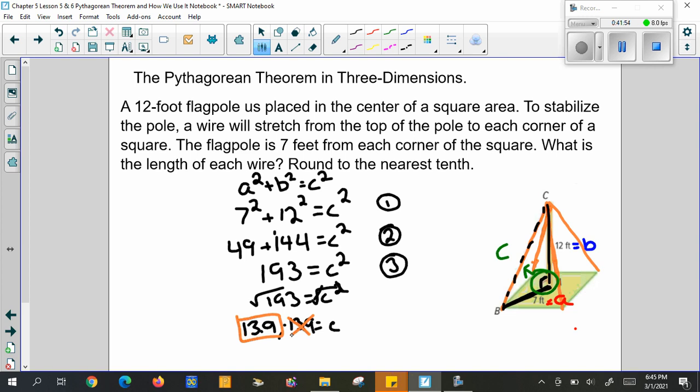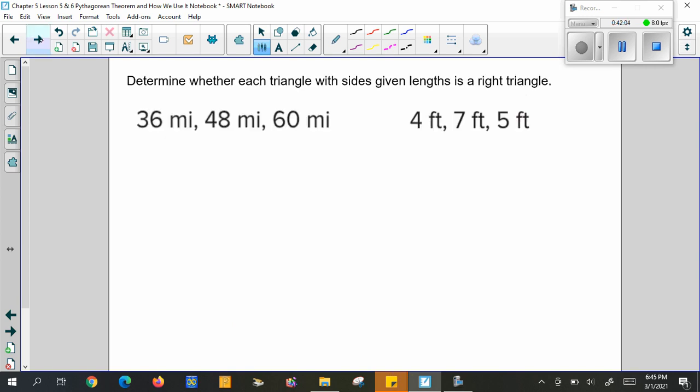To wrap up this video, I'm going to demonstrate how the converse of the Pythagorean theorem works. I have three measurements, and it says determine whether each triangle with sides given lengths is a right triangle. Despite the grammatical errors, let's see what we have. 36, 48, and 60.